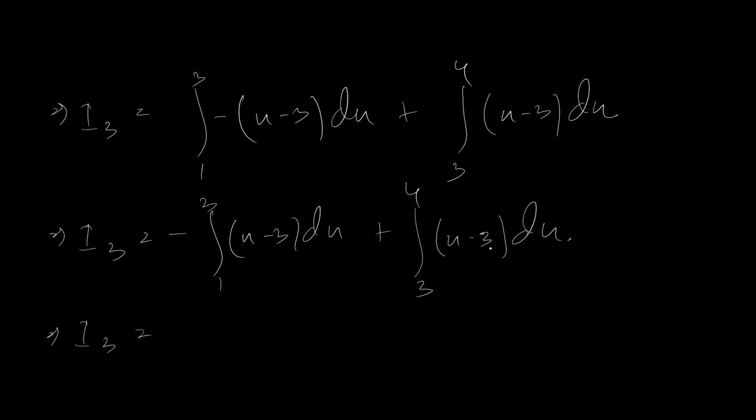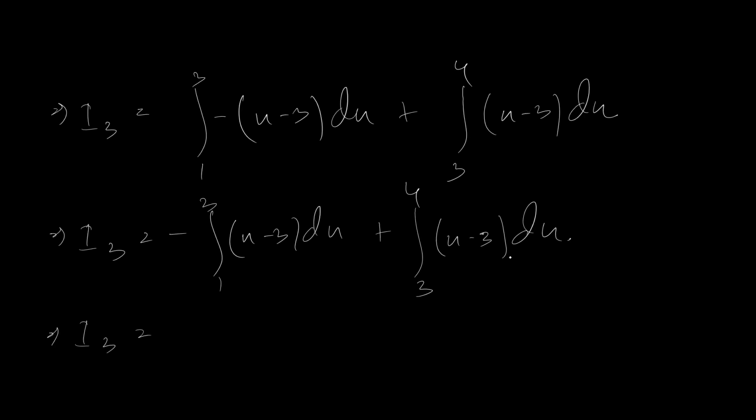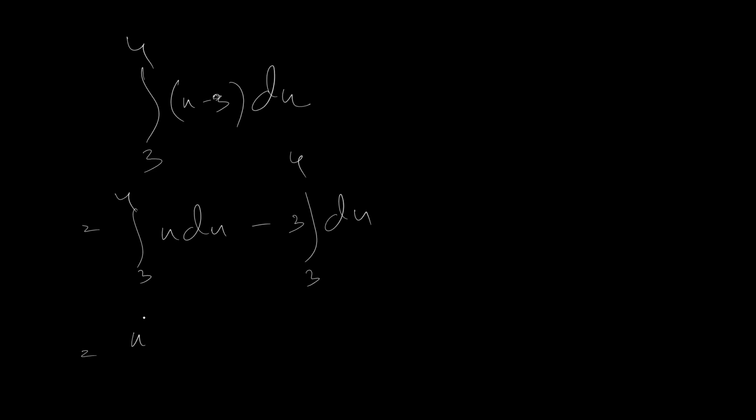And the next part is this: integration from 3 to 4 of (x minus 3) dx. So integral 3 to 4 of x dx minus integral of 3 dx. This will be x square by 2 from 3 to 4 minus 3x from 3 to 4.